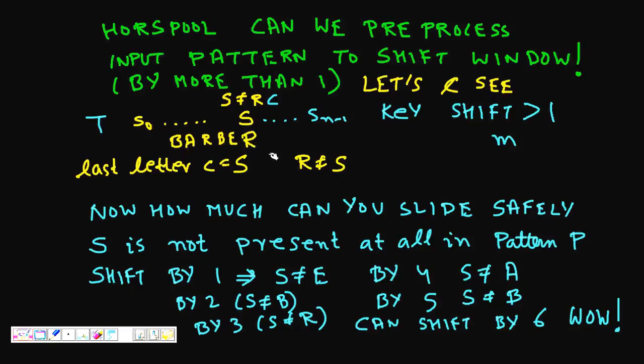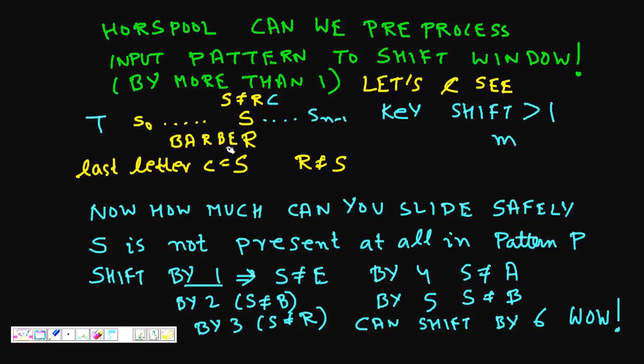So let's see how much shift we can make. We see that S is not at all present in the barber pattern. What happens if we make a shift by 1? Now E will come to face S. E is not equal to S because S is not present in the pattern.